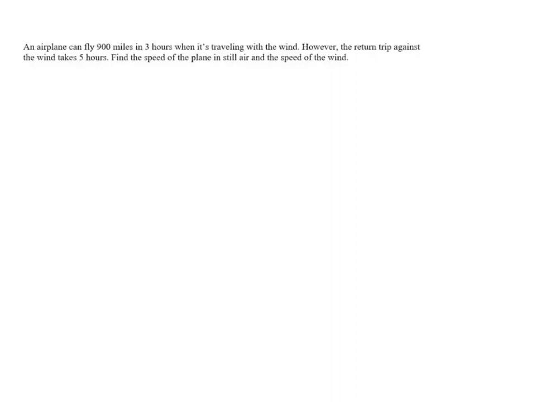Now in this problem, they're asking us to find the speed of the plane in still air and the speed of the wind. So those two quantities are going to be what we put in our let statements. First, we will let the speed of the plane in still air be x.